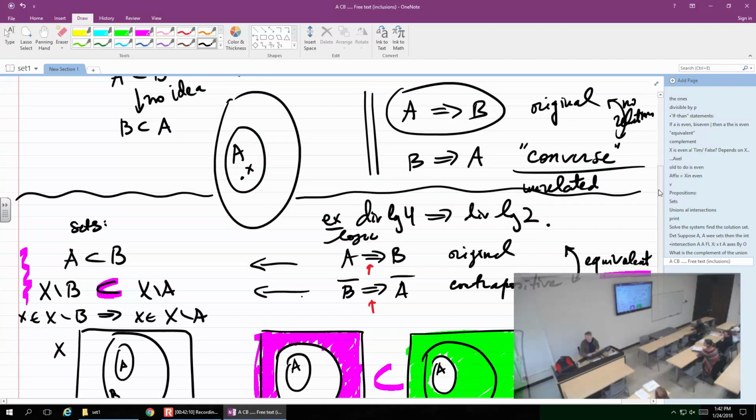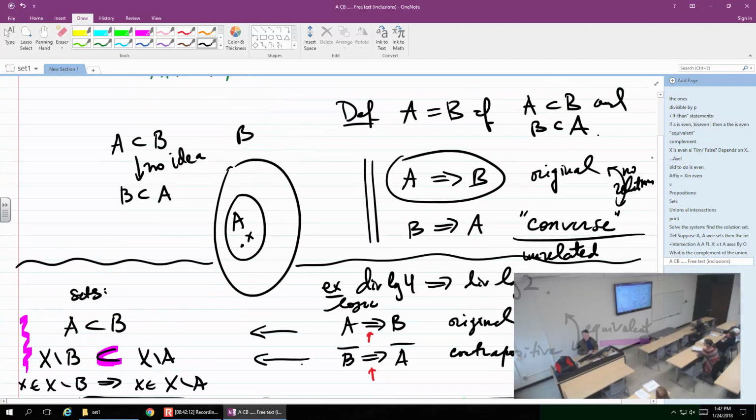Contrapositive is very important, but so is converse. Let's look at converse first. We already started down that road, and that is A implies B, B implies A. Taking that statement together, we know what it means.